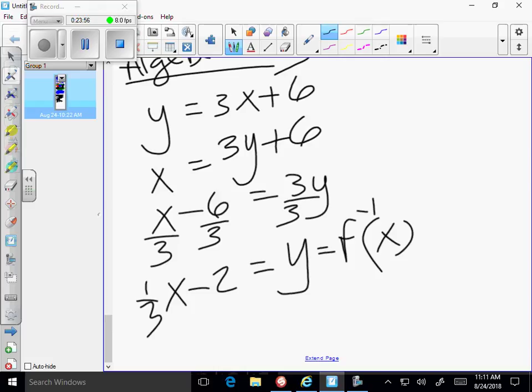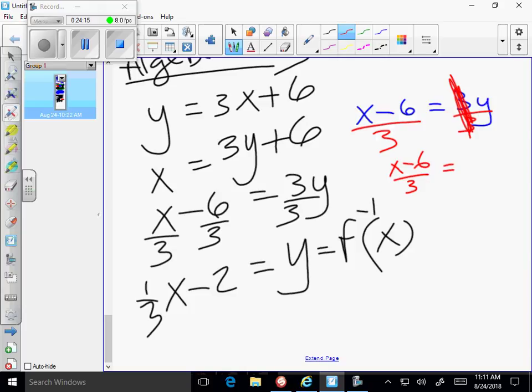Some people get upset at me at this point, and they want to do this. x minus 6 equals 3y. Mr. Gukla, why can't I just divide all of it by 3? Why do I have to divide each thing by 3? Wouldn't x minus 6 all over 3 also be the inverse function? Sure, it also is the inverse function. You should be comfortable with both of those approaches.